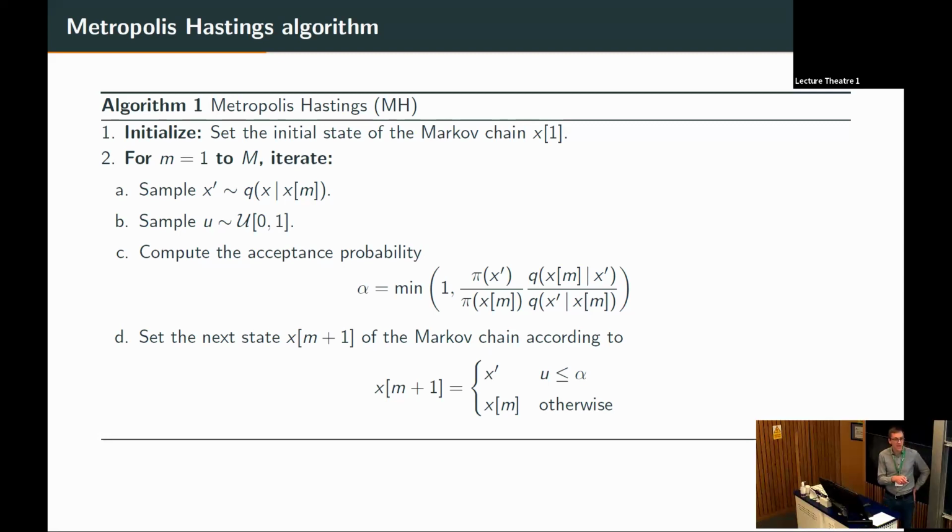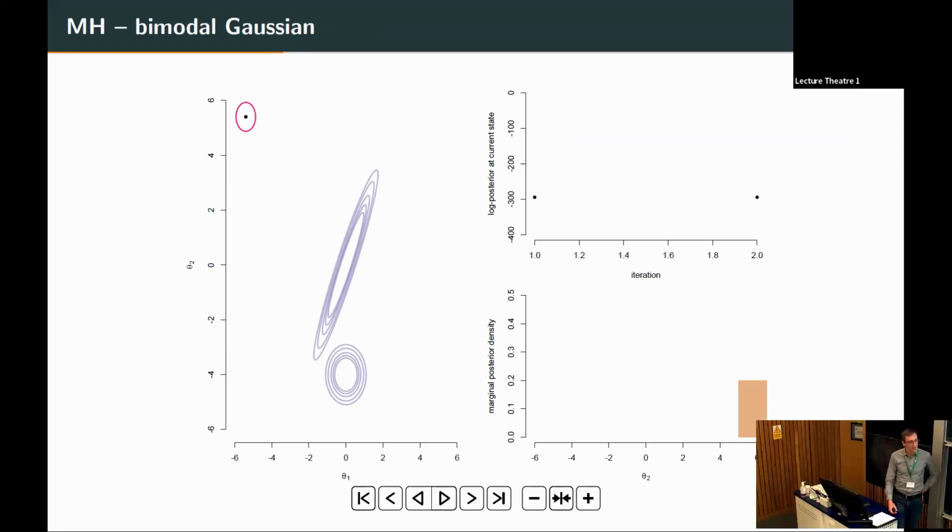Otherwise, we remain where we were. So this is one way of constructing such MCMC kernels, and we will make use of this now in the context of dynamical systems or state space models.